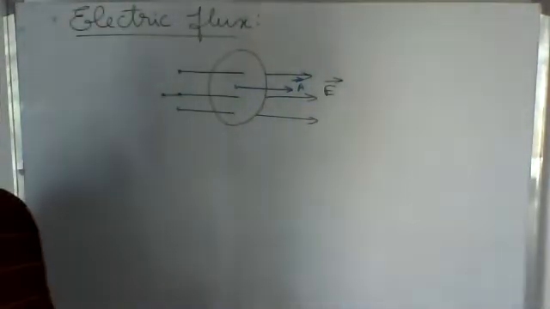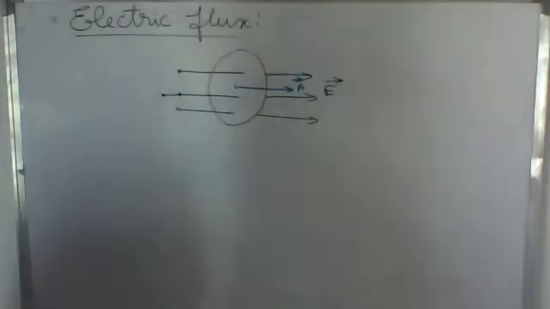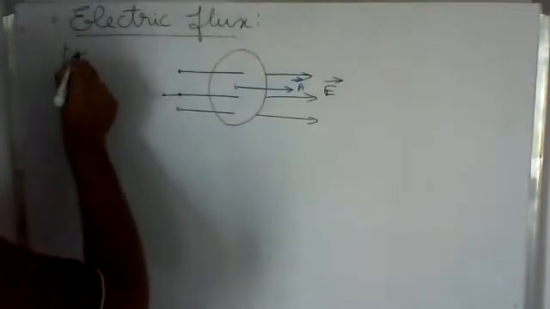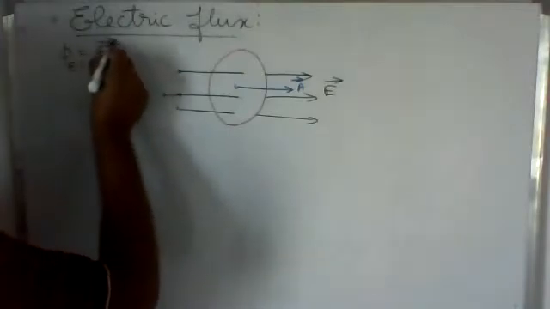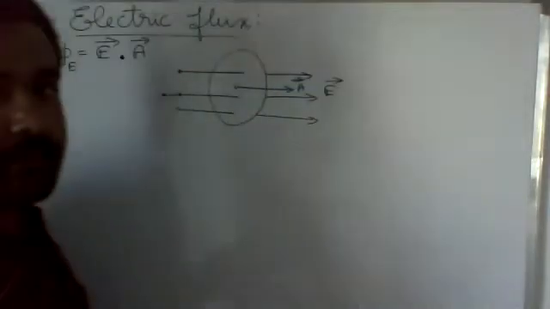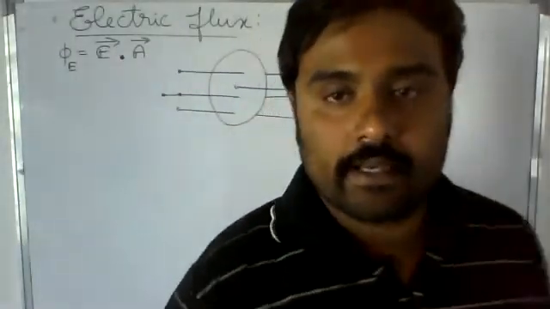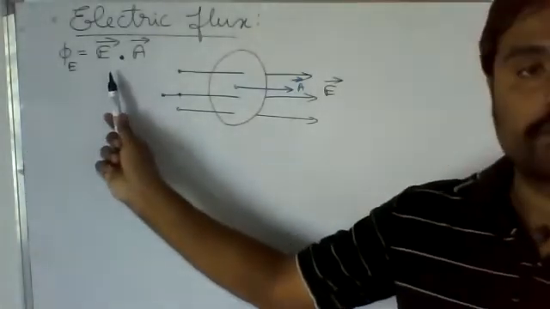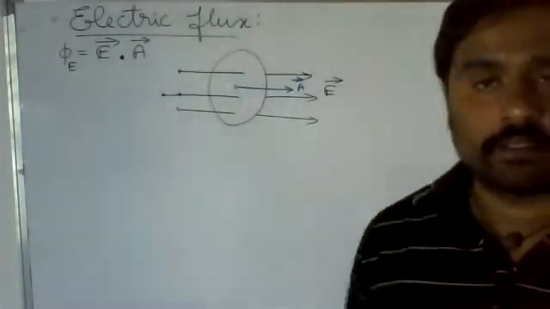So the electric flux mathematical expression is phi E equals E vector dot A vector.